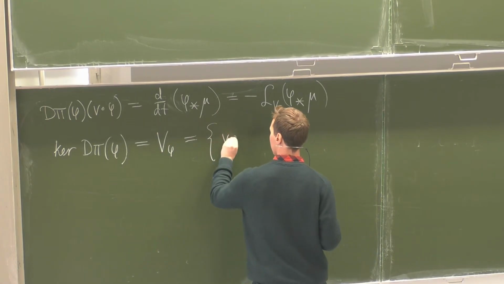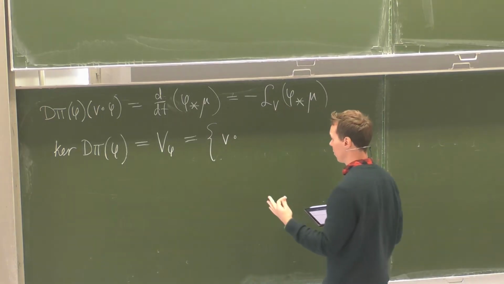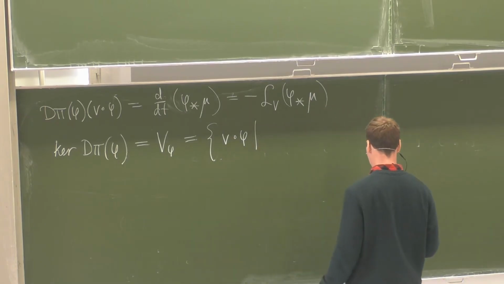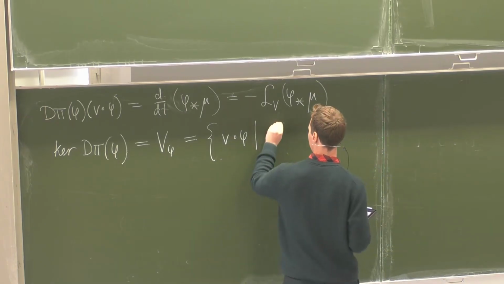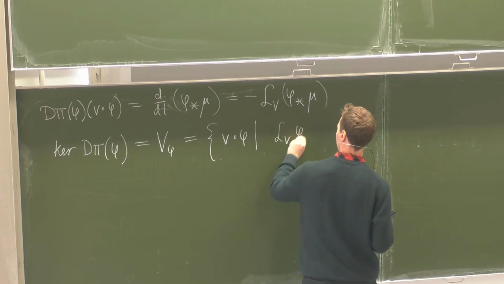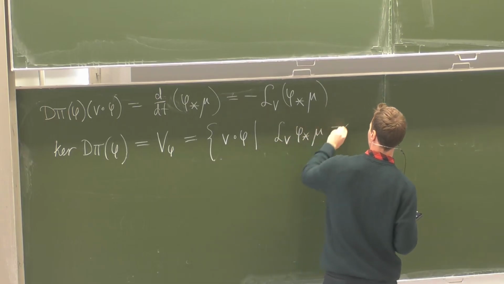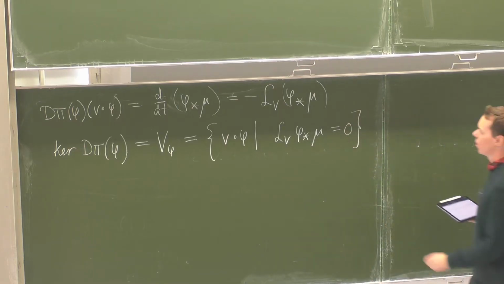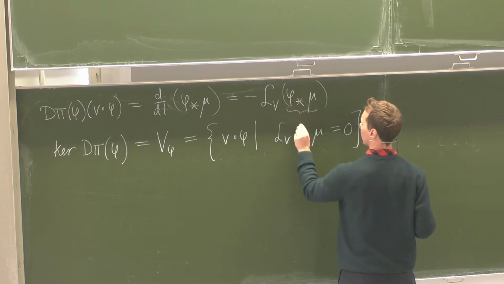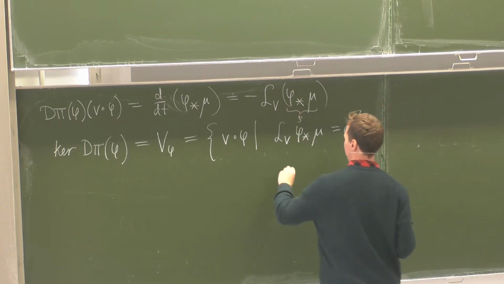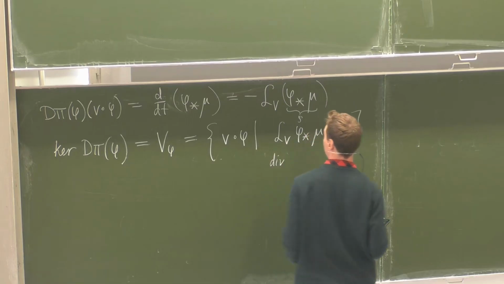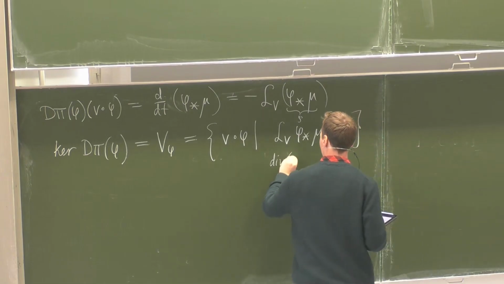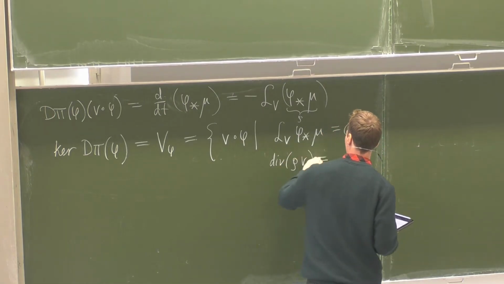It's a tangent vector generated by v at phi, and it has to be divergence-free with respect to this push-forward. If I call this element rho, an equivalent statement is that the divergence, with respect to the standard volume form mu, of rho v should be 0.